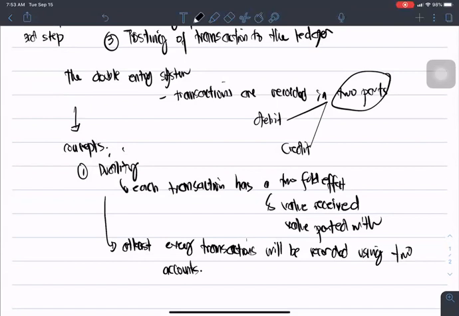Okay, so under the double entry system, we said we use this system to record transactions in two parts, the debit and the credit. And the double entry system has these concepts. The first concept is duality. Under the duality, each transaction has a twofold effect. What is that twofold effect? You will receive and you will part something. Next, at least every transaction will be recorded using two accounts.